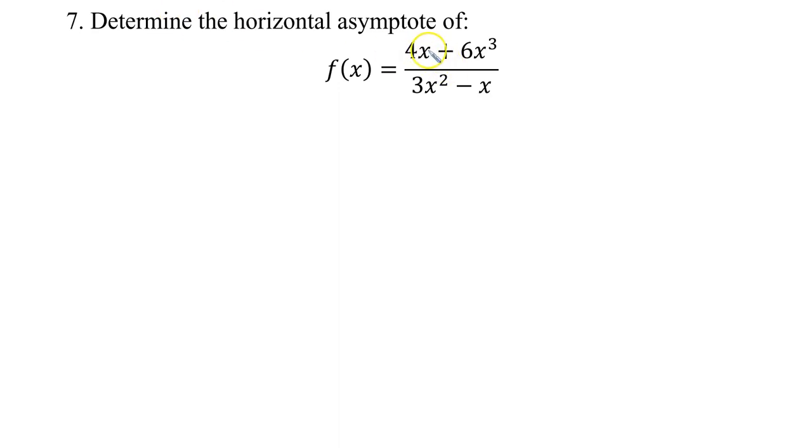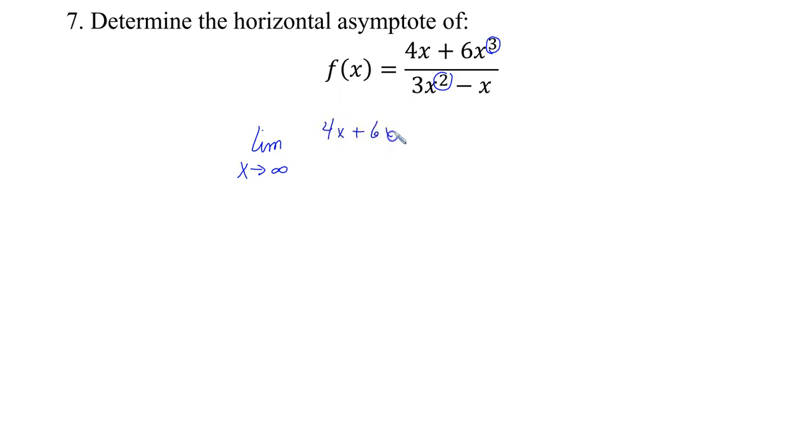So I'm looking here and I see that the degree in the numerator is 3. The degree in the denominator is 2. Is the degree in the numerator smaller than or equal to the degree in the denominator? And the answer is no. So if I were to think about this in terms of the limit as x approaches infinity, and it can be either positive or negative infinity, most of us just like the positive one better.